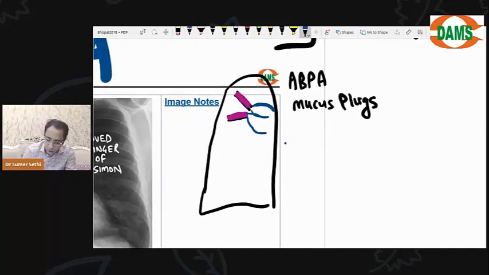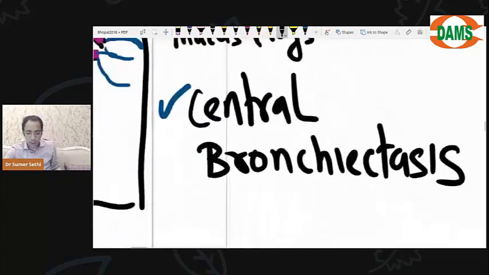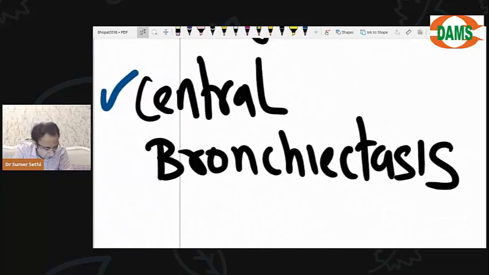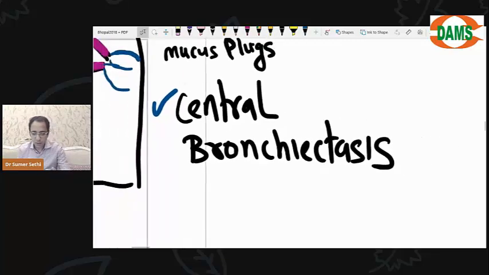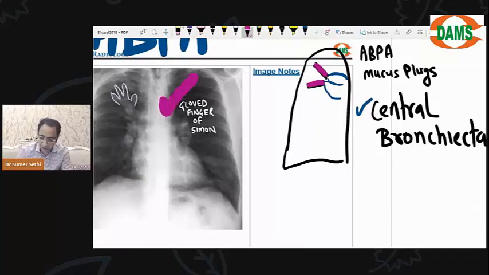You will read this line in respiratory medicine also: in long-standing ABPA, the patients develop central bronchiectasis. Now everybody knows. This is a previous exam question as well: name a condition in which you have gloved finger appearance and central bronchiectasis. What is the answer? Allergic bronchopulmonary aspergillosis, ABPA.